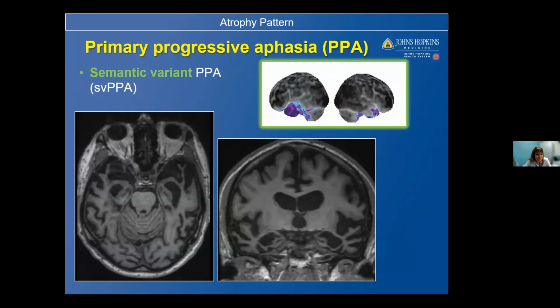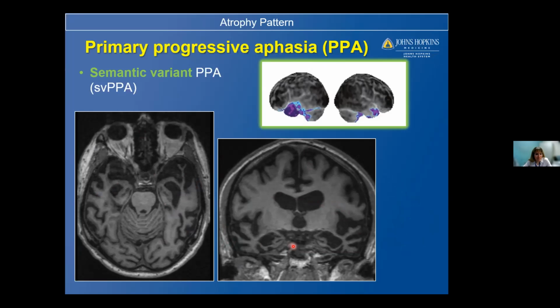The pattern of atrophy in semantic dementia is relatively characteristic and helps us distinguish these patients from those with Alzheimer's disease. And although there is considerable overlap with other primary progressive aphasias, we see asymmetric temporal lobe atrophy, left more than right, as shown over here.